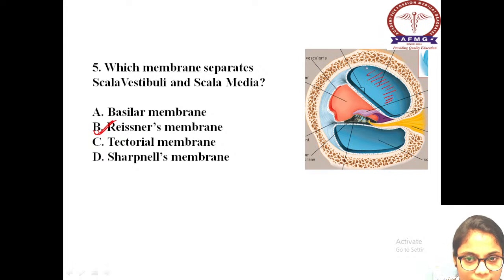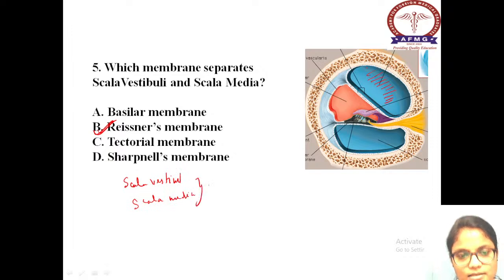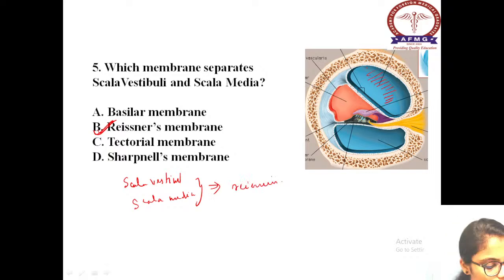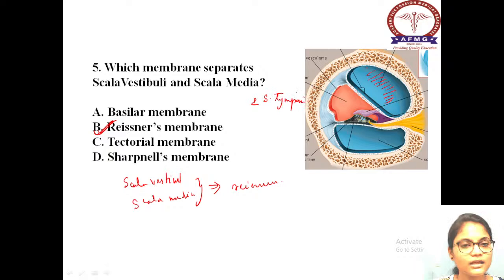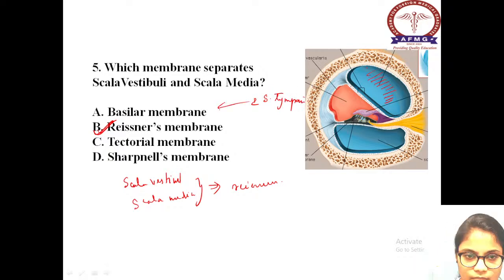The upper part you see here is your Reissner's membrane. So in between scala vestibuli and scala media, the membrane present is Reissner's membrane. If I ask you which membrane is between scala media and scala tympani, that is your basilar membrane. Please remember that.